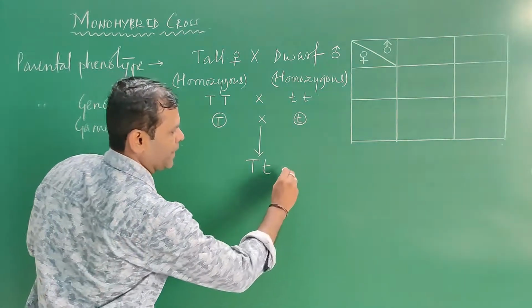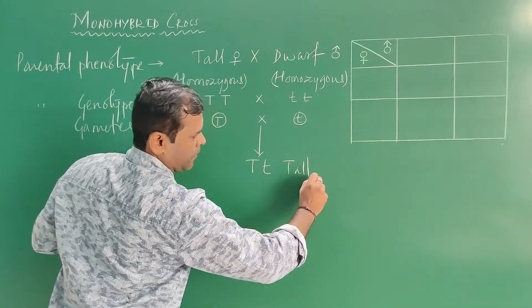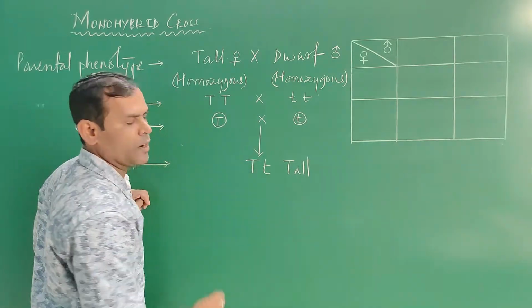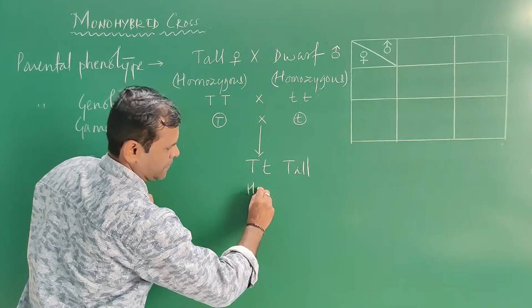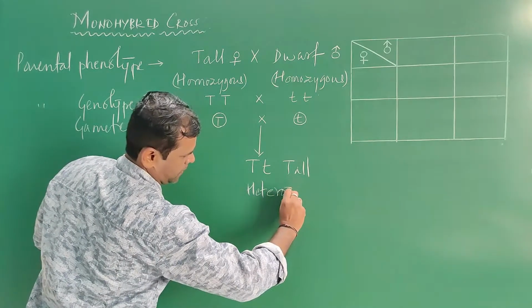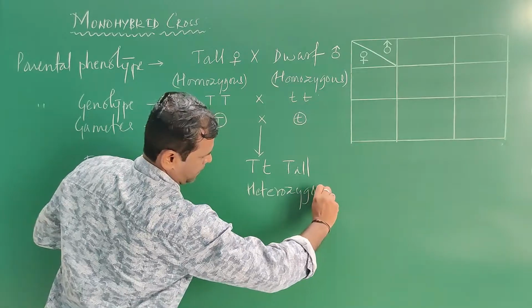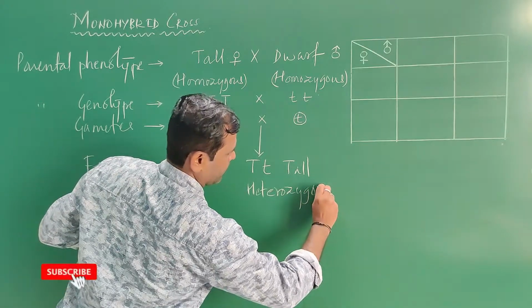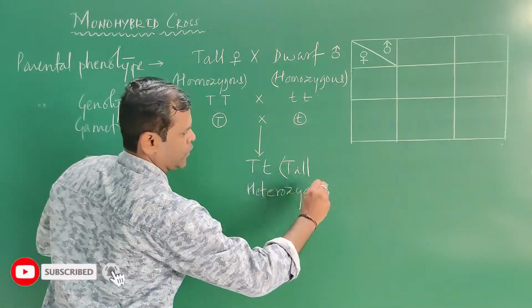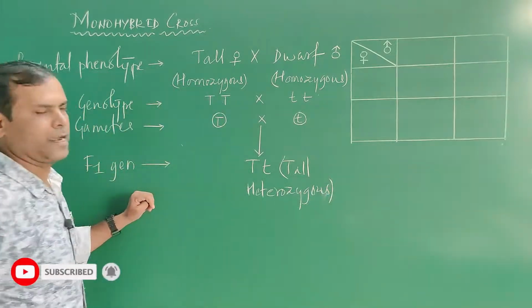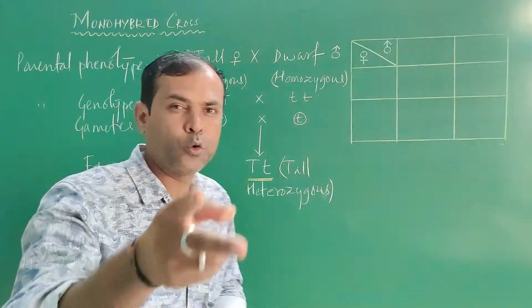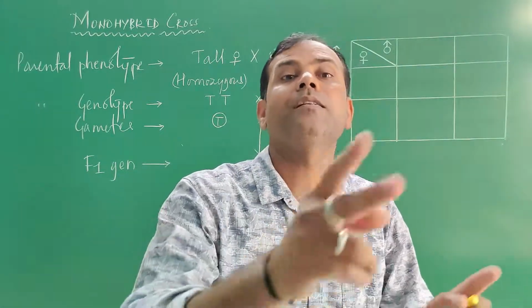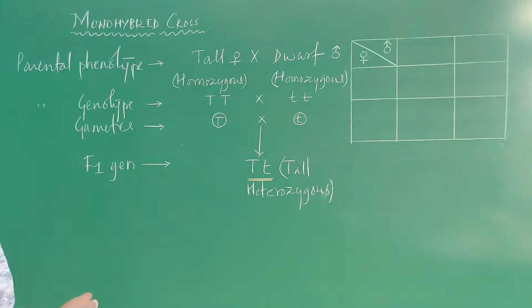Now the child will be tall, but as capital T and small t are there, it is heterozygous. Then what did he do? He took two F1 plants and self-pollinated them. So let's see.